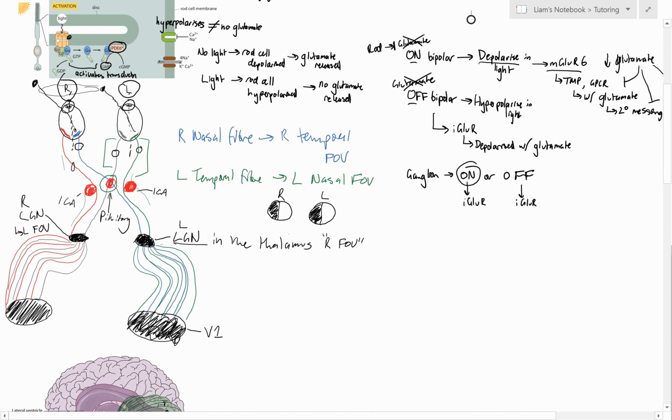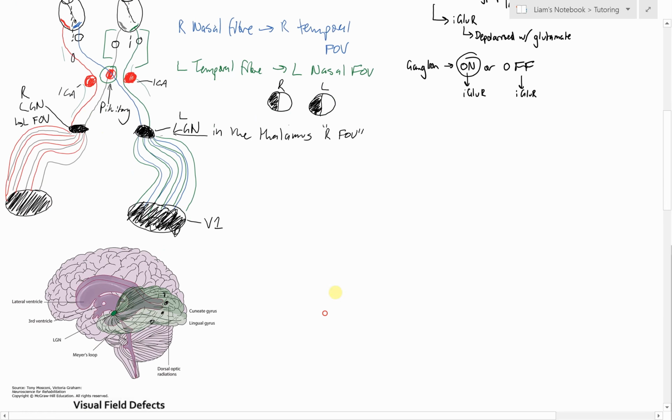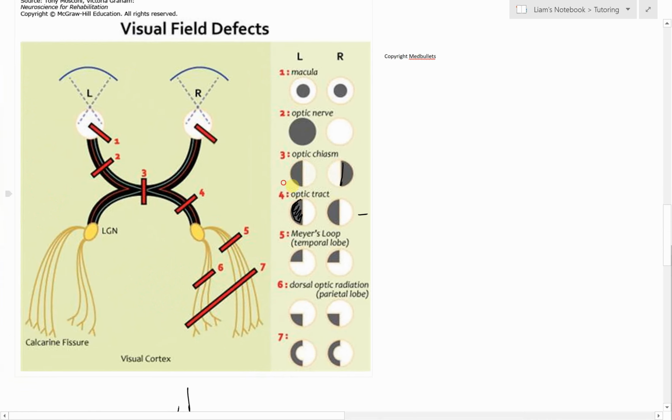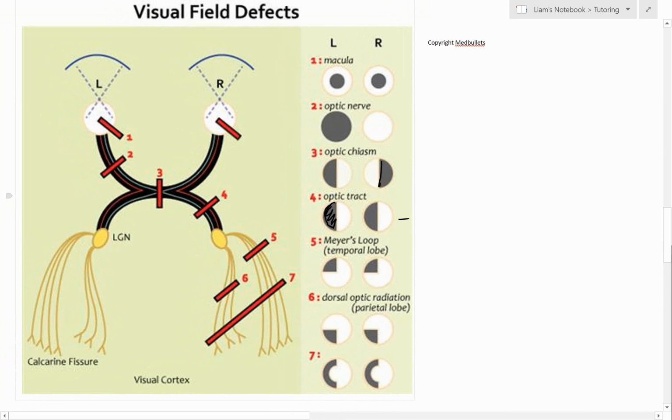So I would very highly recommend watching the previous video before this one, just so that this one makes a bit more sense. I did briefly touch across this slide last time. I like to focus on 2, 3, and 4 in terms of these lesions here.